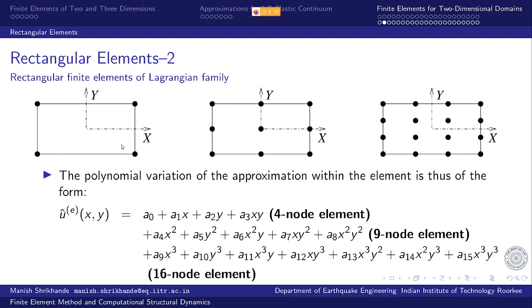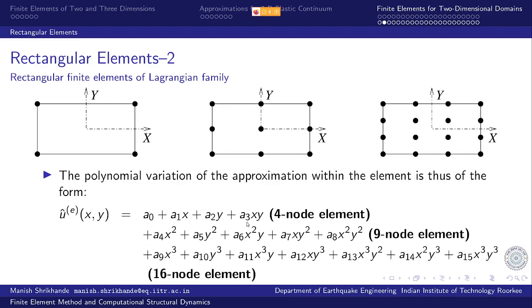The primary variable, the field variation within the element, has to agree with the value of the primary variables at these 4 nodes of interpolation. So whatever field variation we have has to be described as the interpolation between these 4 values.